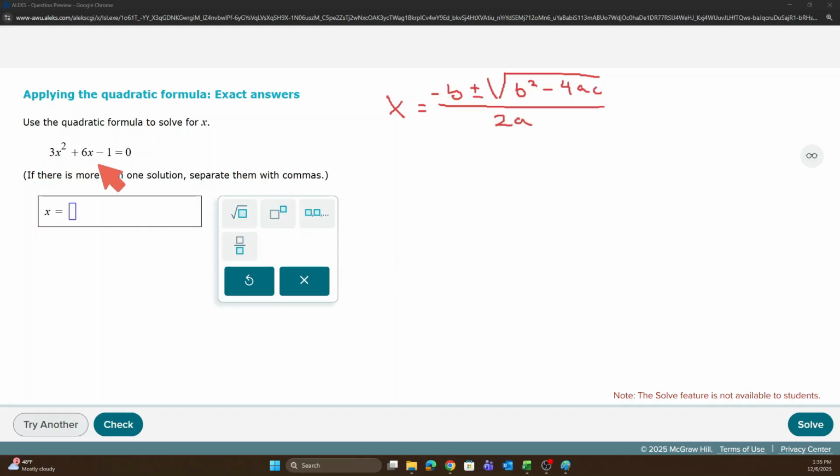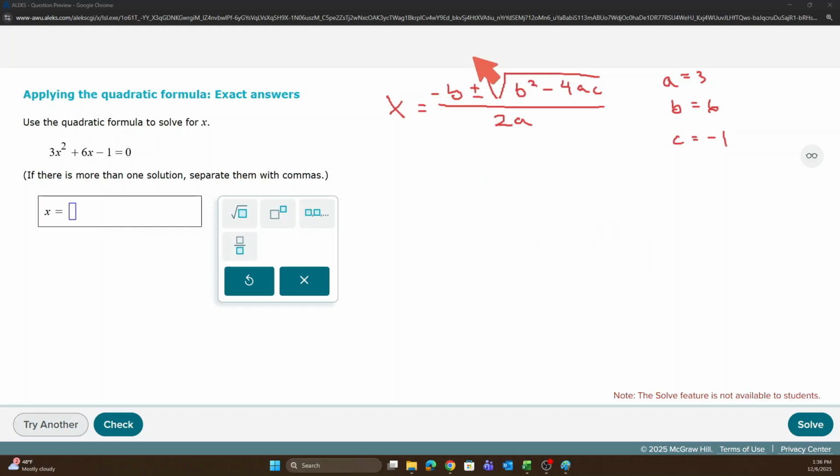So we need to start inputting all of our values into here. First off, a is 3, b is 6, c is -1. Let's write that down on the side here. A is 3, b is 6, c is -1.